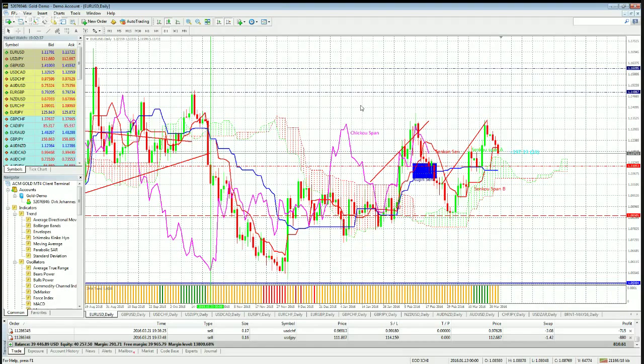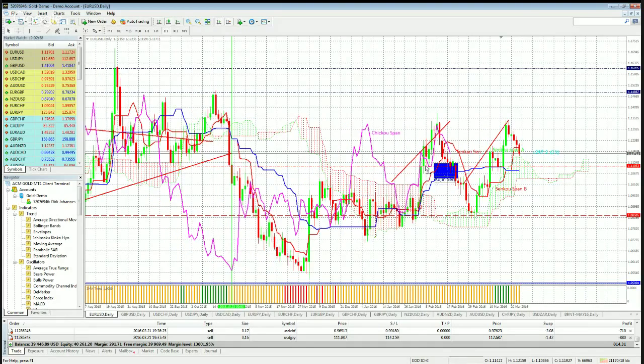Now, there's one thing I have been waiting for in terms of getting a better type of signal with the Euro US dollar, and that was specifically for the Chikou Span break. Now, we've had the Chikou Span breaking, but we've got another little issue.